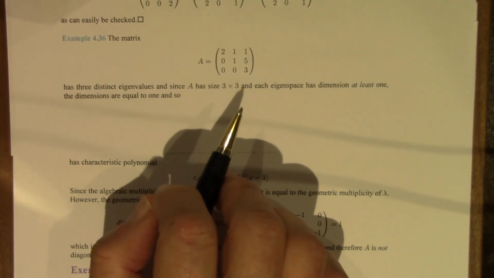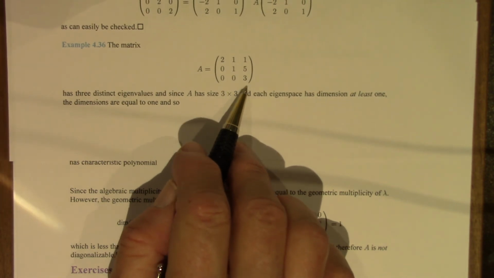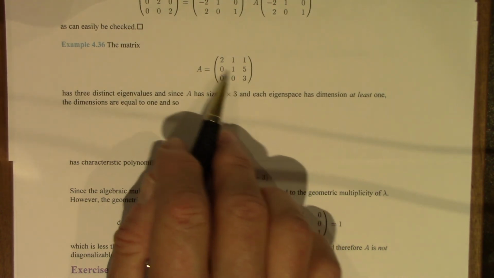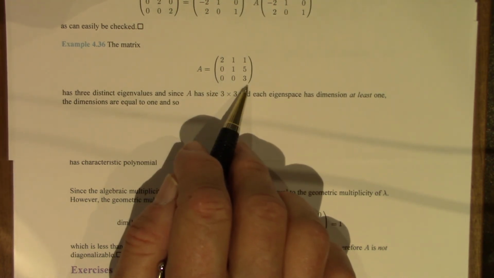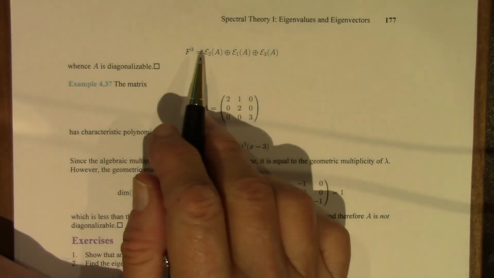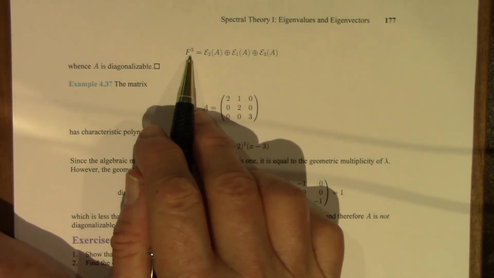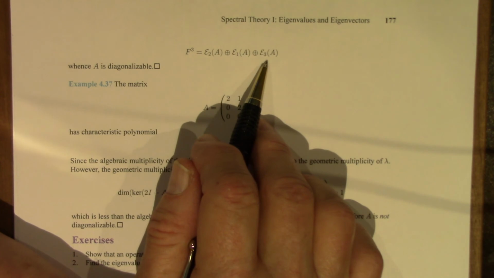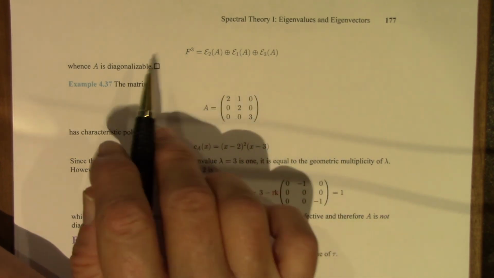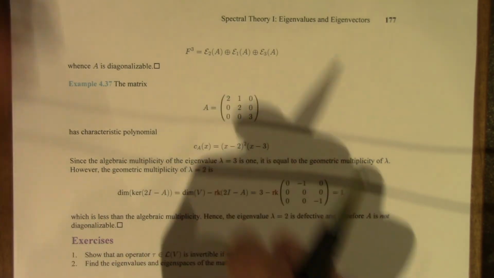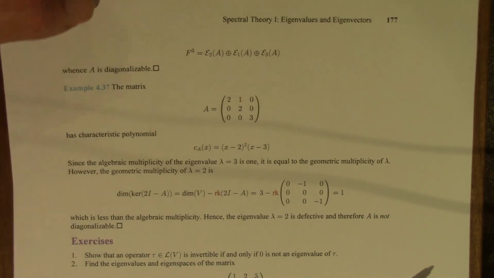Therefore, each of the 3 eigenvalues is non-defective because their geometric and algebraic multiplicities are equal to 1 in each case. So we can write F^3 as the direct sum of the 3 eigenspaces, and that tells us that this matrix is diagonalizable. And you can compute the similarity matrix. I left that for you to do as practice.